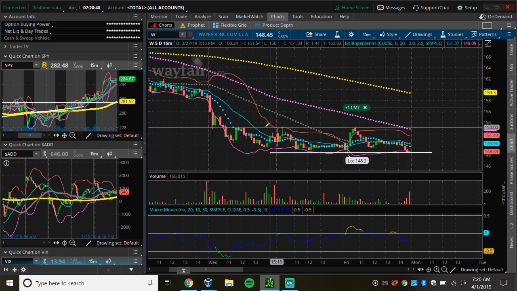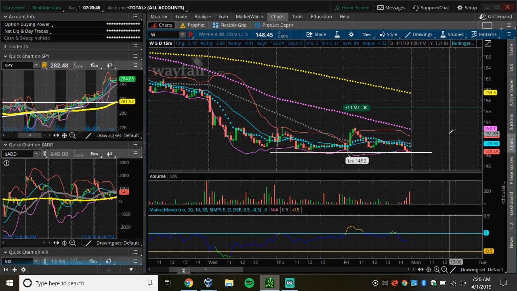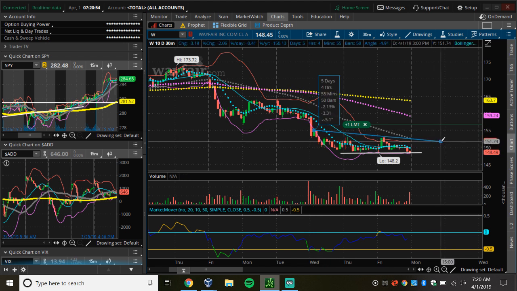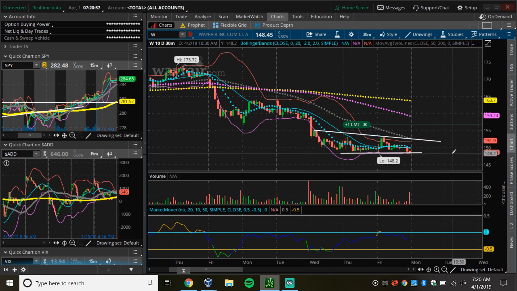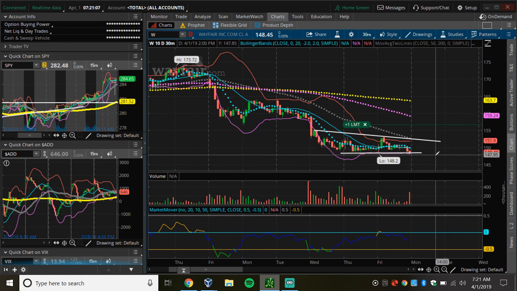In the meantime, I think I drew this on TradingView, we can see that we got a descending triangle. Maybe it was on a 30-minute chart. Either way, there's some downward pressure here, and I do see that we opened up at 149.20, which doesn't put us anywhere in a bullish position.